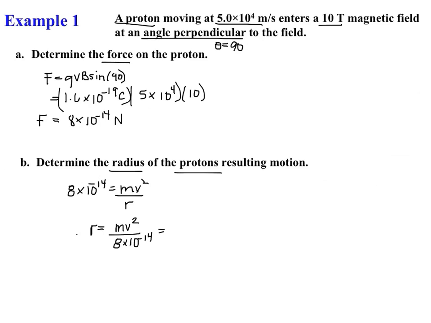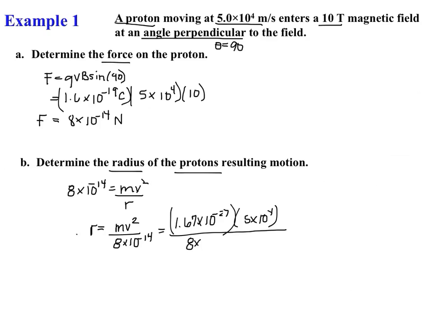Here we're using the mass of a proton, which is 1.67 times 10 to the negative 27, and 5 times 10 to the 4th, which was our speed.